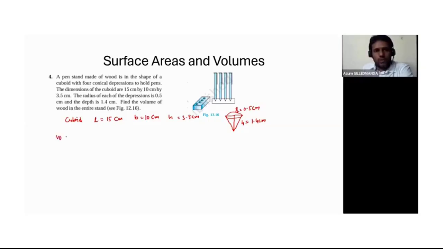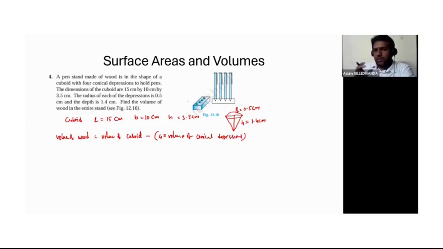So he's asking the volume of the wood. Listen carefully: volume of wood equals volume of cuboid, which is length into breadth into height, minus 4 times the volume of the conical impressions, depressions actually, that are taken out.